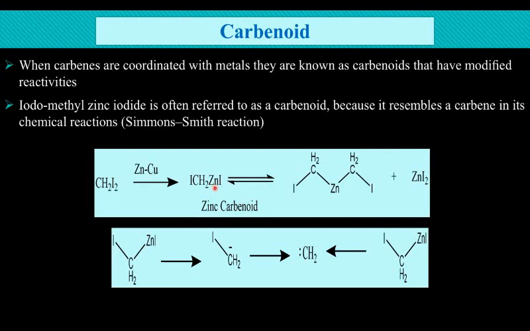It is a zinc carbenoid. Its structure is like this. It is easily converted into carbene. Iodomethyl zinc iodide is often referred to as a carbenoid because it resembles a carbene in its chemical reaction. It is called the Simmons-Smith reaction.